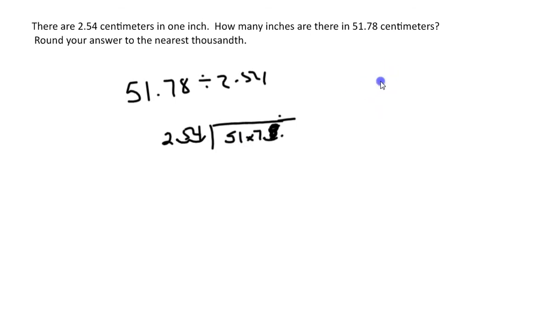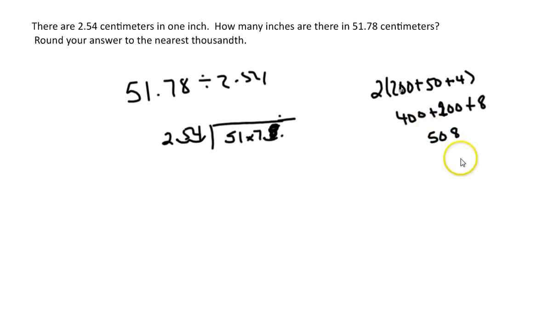So I'm going to separate out by place values, and I'm going to distribute to make my math a little bit easier. So this becomes 400 plus 200 plus 8, right? 2 times 200, 2 times 50, and 2 times 4. So this becomes 508, which is pretty close.